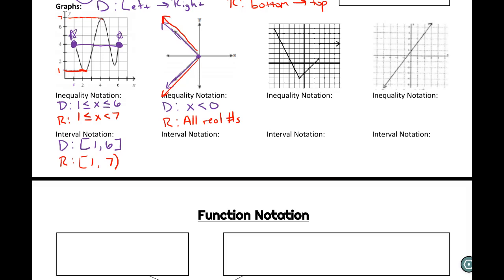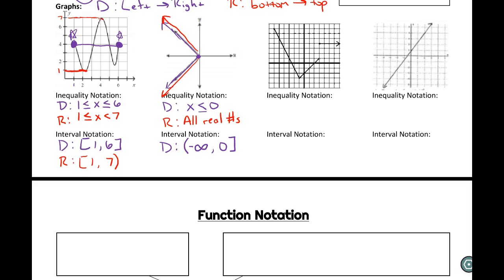So let's write that in interval notation. My domain is everything that's less than 0. One thing to think about here is that we can never reach infinity, so we'll write this with a parenthesis: negative infinity, comma, 0. Oh, and I made a mistake here.